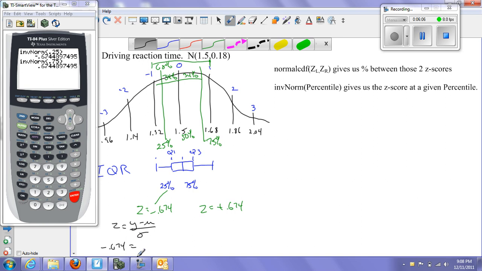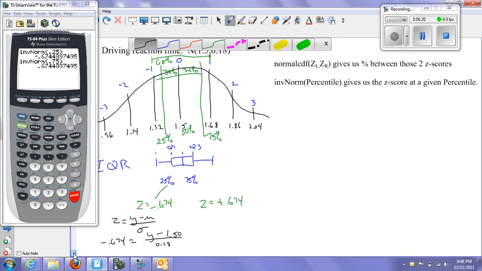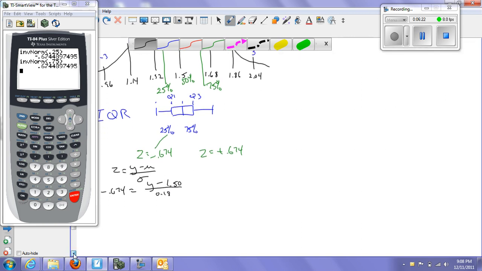I don't know what my y is, that's what I'm trying to find. I know my mu is 1.50, and my standard deviation is 0.18. Let's do the math.